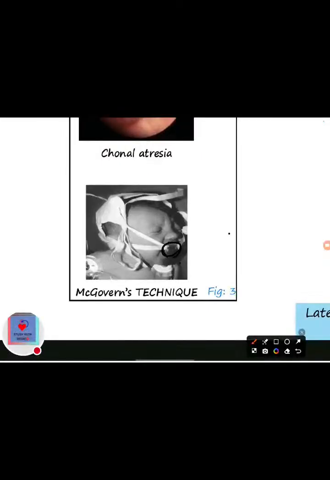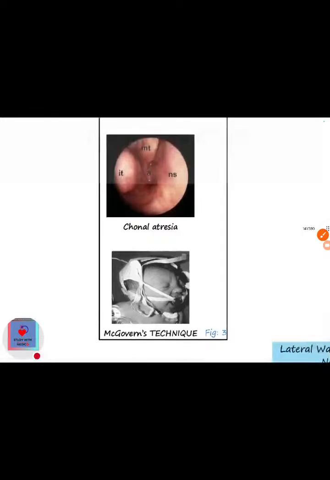Normally, how is the nipple? Like this, it is very small, but let's take it and cut it. So this is the McGovern nipple. Now the baby can breathe through this, and the baby will also be silent. But for how many days can we do that?